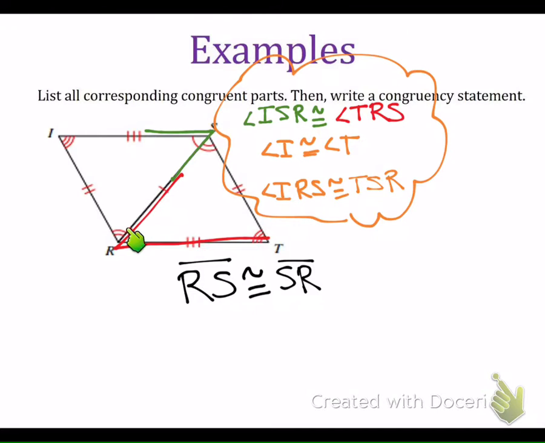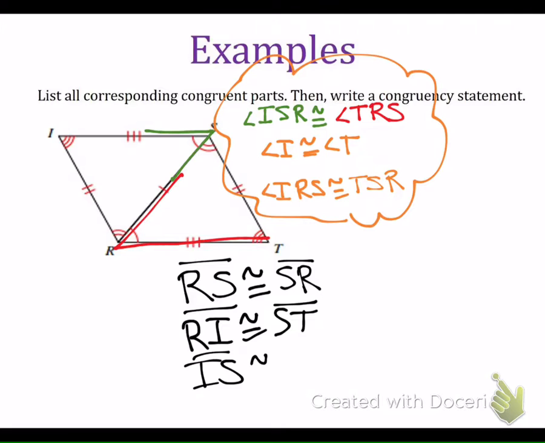All right, on this next triangle, I'm going to go RI is going to be, so RI is going to be congruent to ST. And then the final side, IS, is going to go with TR. So IS, TR. Okay? So those are the corresponding sides.